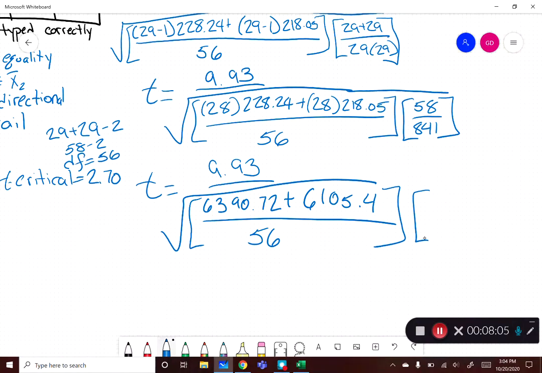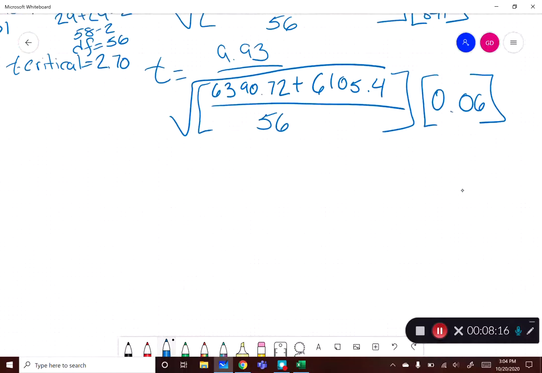And over here on the right side, 58 divided by 841 gives us 0.06. So let's continue to work down here. 9.93.